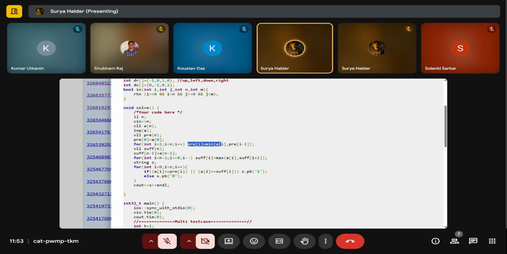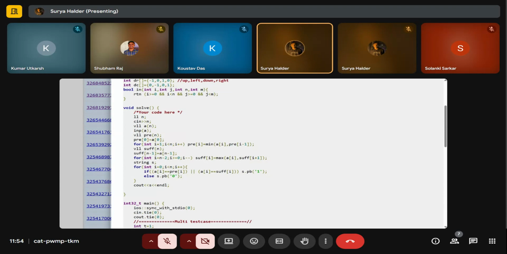So prefix of I will give me the minimum element up to the ith index, and for suffix of I we will start from the right hand side and move to the left hand side. So suffix of n minus 1 is equal to a of n minus 1 because the rightmost element is the only, and so the greatest, element if I consider all the elements from the rightmost element.